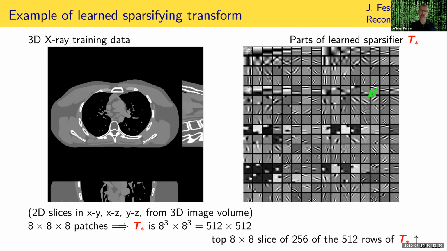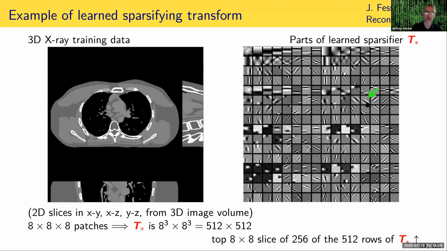It's a little bit hard to show you what that transform looks like in a meaningful way. So what I've done is I've extracted pieces of the transform and reshaped them into 8 by 8 images and shown them here. And you can see it's learning things that look related to finite differences at different scales. This looks to me like a second order finite difference, kind of a -1, 2, -1 along, at some angle.